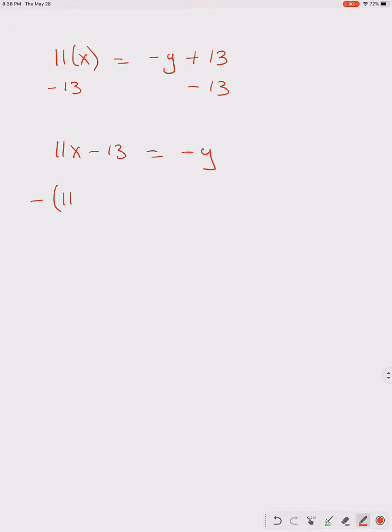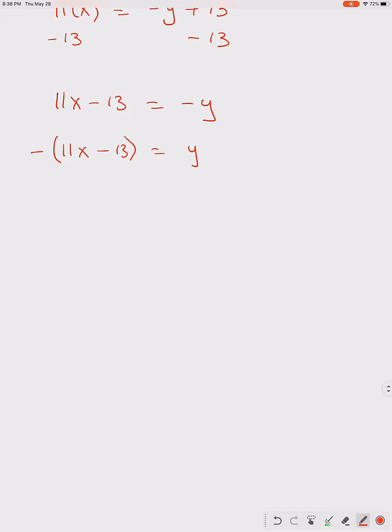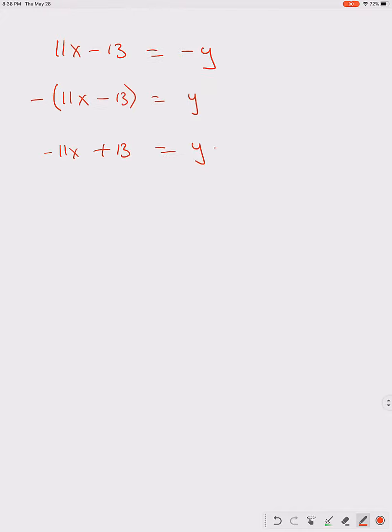So I have negative 1 times (11x minus 13) equals y. If I distribute that, I have negative 11x plus 13 is equal to y. So this then is my g inverse.